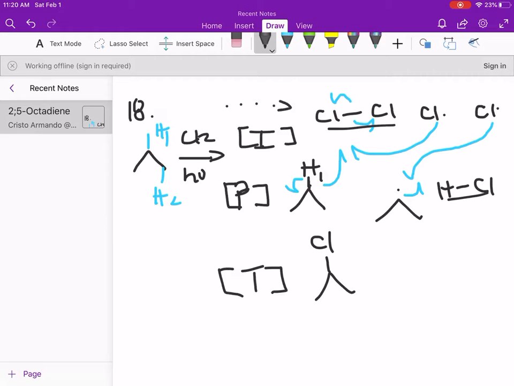And so for our termination step, we can do this in multiple forms. So in the solution, we have the Cl radical, we have the propyl radical, and I can just draw another Cl radical right here, and another propyl radical right here.